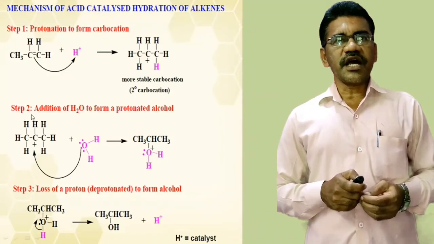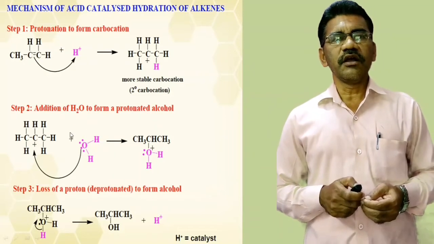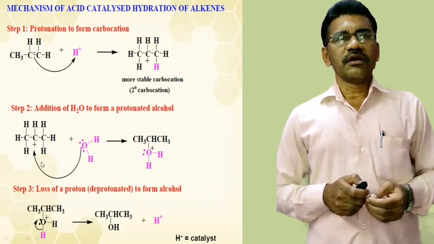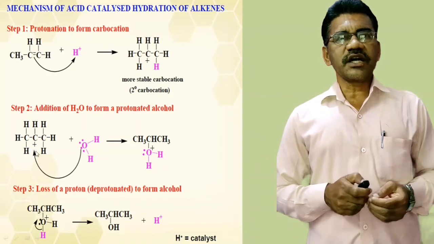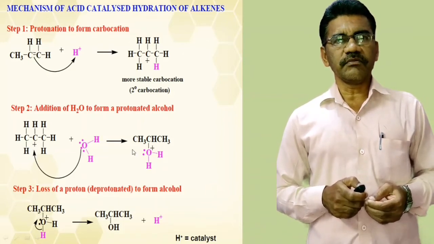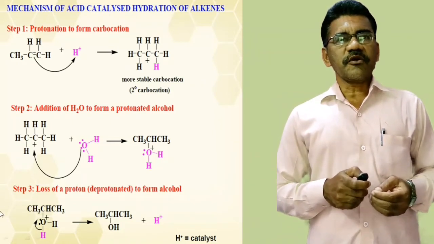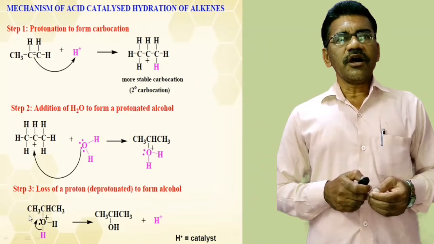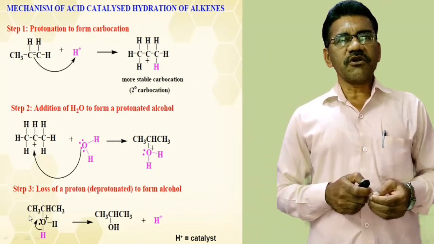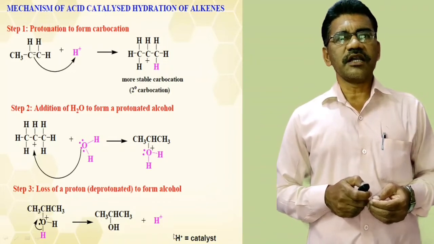The second step is the addition of H2O to form the protonated alcohol. Here, the water molecule attaches to the positively charged carbon atom to form the protonated alcohol, and the next step is the loss of proton. The hydrogen from the OH2 group is lost to form 2-propanol and H plus.